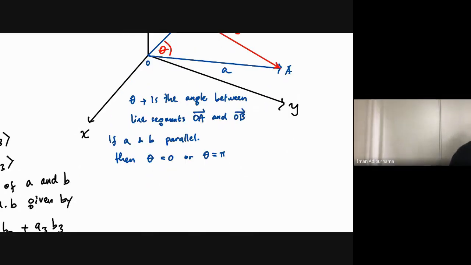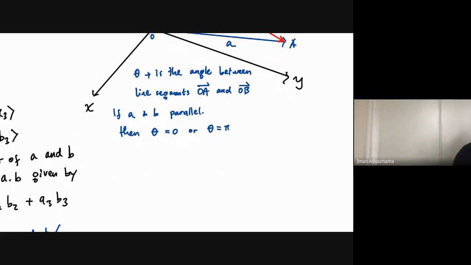Now, from these conditions, we can have the relation that A dot B is the magnitude of A, the magnitude of B, and then cosine theta.